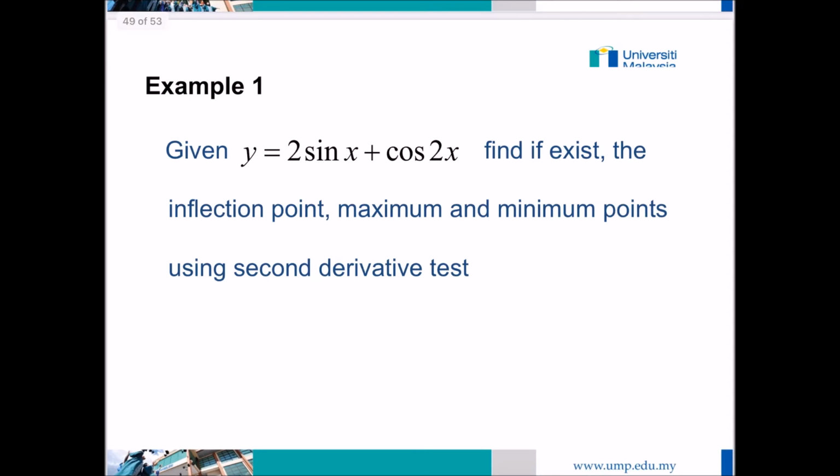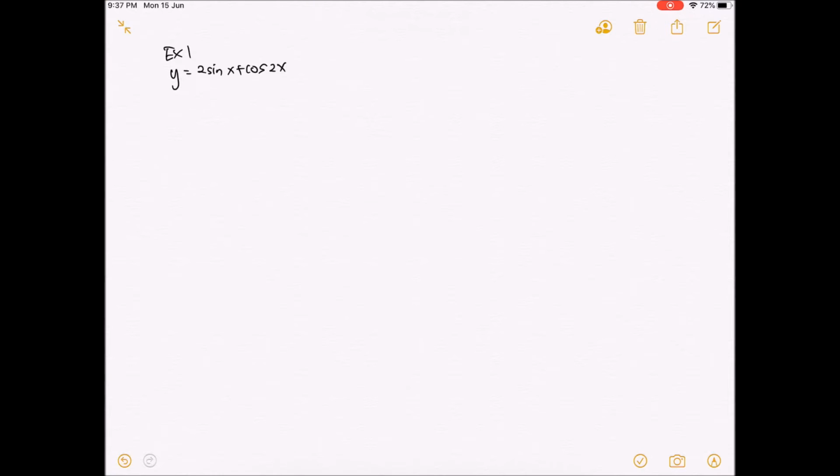Okay, next example. This example is a trigonometric function. Given y equals 2 sin x plus cos 2x, find, if they exist, the inflection point, maximum and minimum points using the second derivative test. So in this question, it asks us to find all the points: inflection, maximum and minimum. So let's solve the example, y equals 2 sin x plus cos 2x.